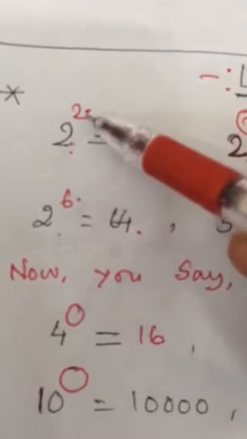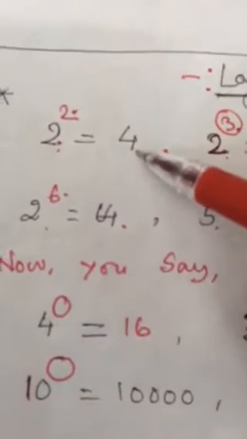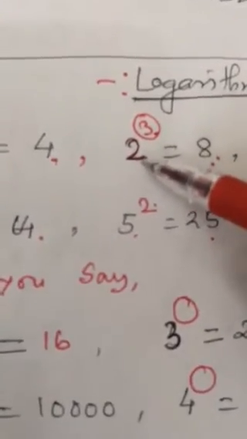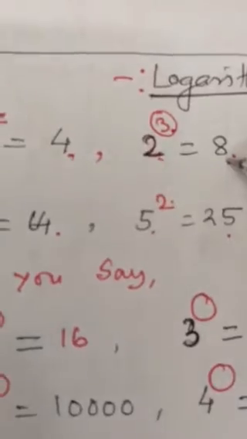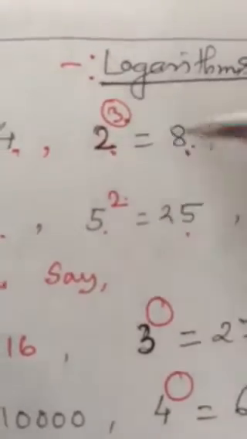So we can understand that the exponent of this base that gives 4 is 2. Which exponent of base 2 gives 8? This is the base, as you know.